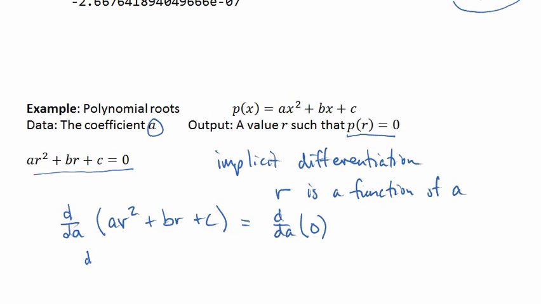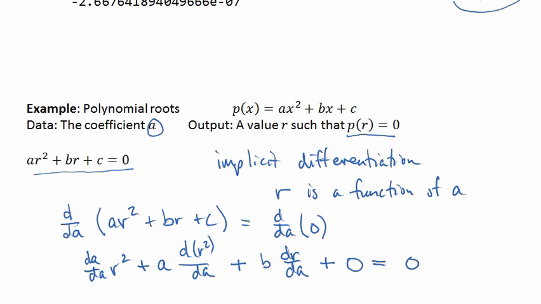It's da/da times r squared plus a times d(r squared)/da. The second term, b doesn't depend on a, b is just fixed, so we get b times dr/da. And c doesn't depend on a, so we just get 0. And the right-hand side is also 0.